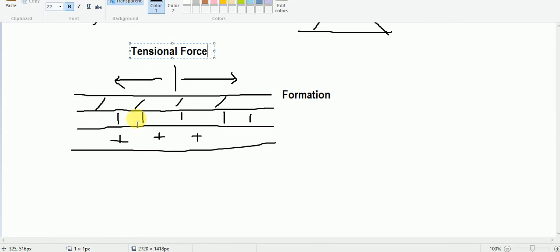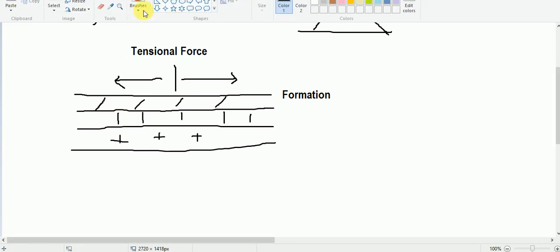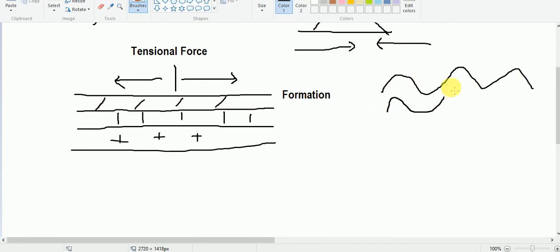Another type of force is known as compressional, which leads to the formation of folded mountains. Folding, last time I told you about that. Now we shall discuss the formation of faulting.